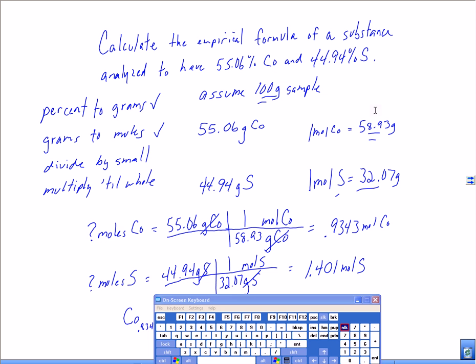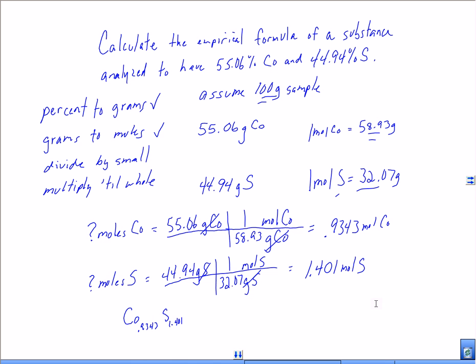The easiest way to do that is first divide by the smaller of the two mole values. Well, the cobalt is smaller, so I'm going to divide both of these by 0.9343. And the reason I can do that is as long as I do the same to both numbers, my ratio stays constant. I'm not changing the ratio, just changing the way it looks.